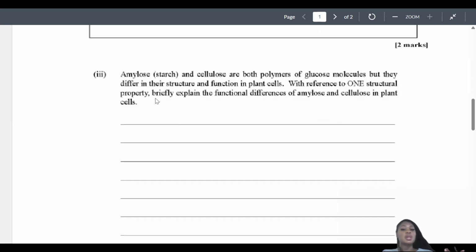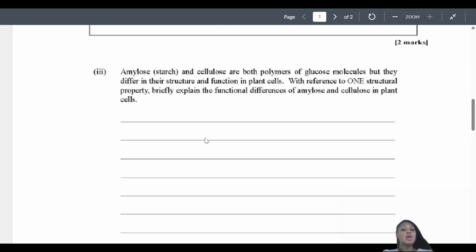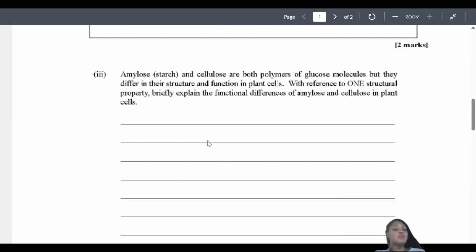The next question says amylose, which is in starch, and cellulose are both polymers of glucose, but they differ in their structure and their function in plant cells. With reference to one structural property, briefly explain the functional differences of amylose and cellulose in plants. I would refer to one functional difference.